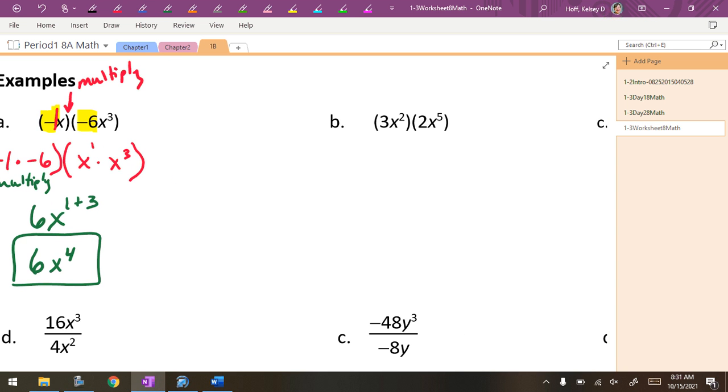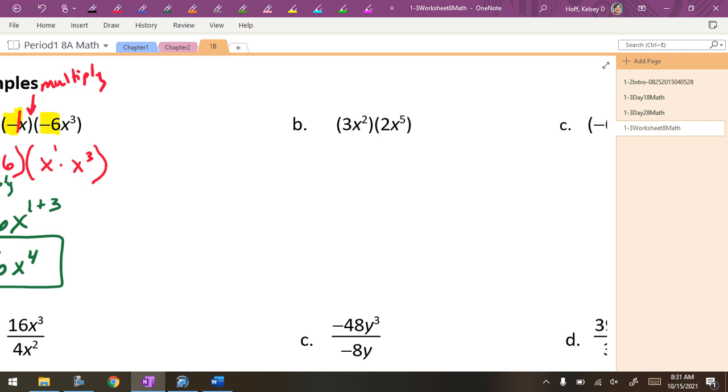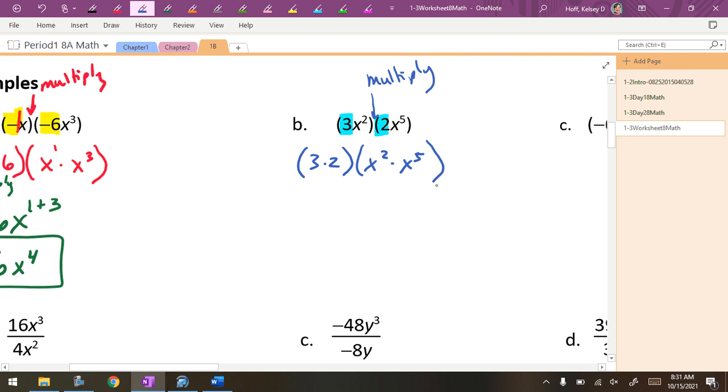Okay. On B, I have 2 parentheses right next to each other. What's that tell me we're doing? We are multiplying. So we need to group our coefficients. Who can raise your hand and tell me my coefficients? Addie. 3 and 2. Nicely done. So we're going to put 3 and 2 together in one parenthesis. And then we need to put our base x's, our x squared and x to the 5th.